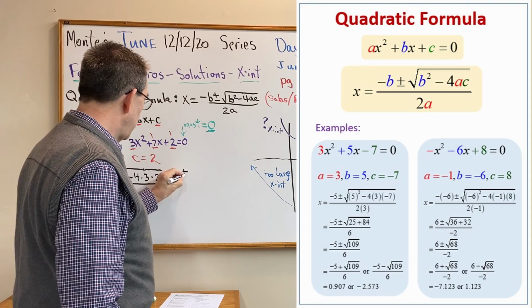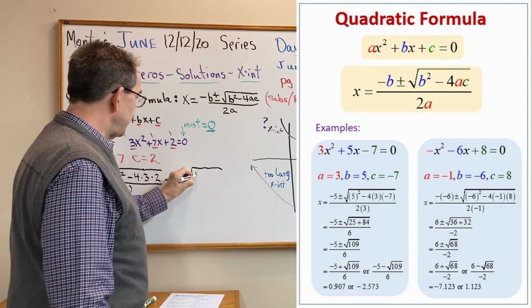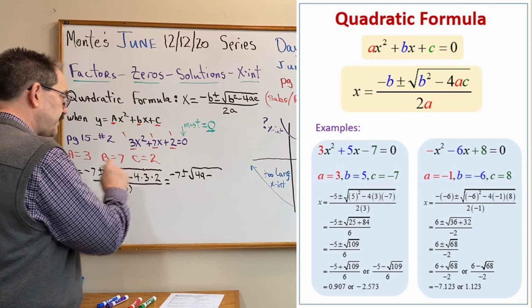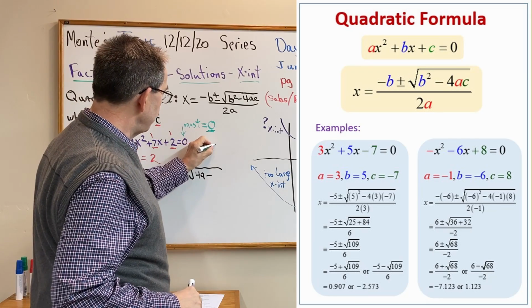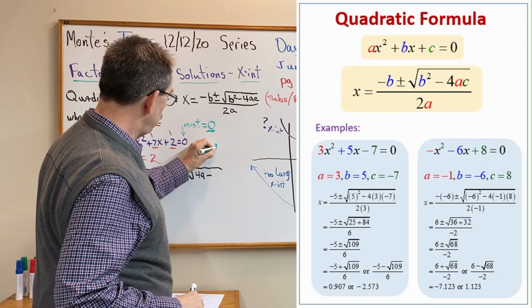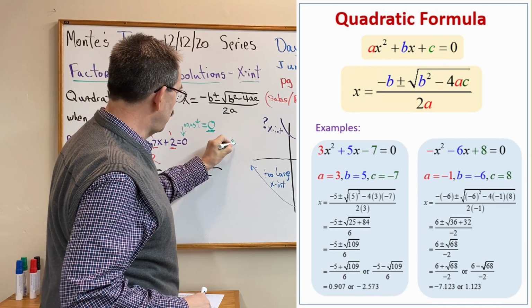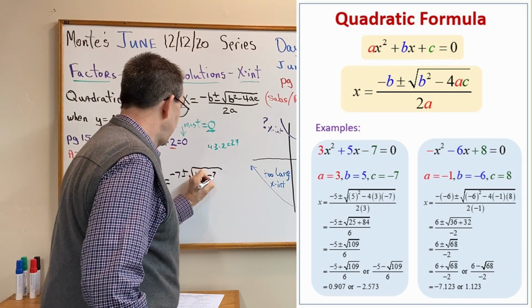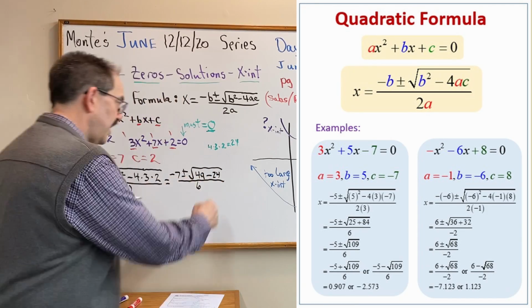-7 plus or minus 7 times 7 is 49. 4 times 2 times 3. 4 times 2 is 12. 12 times 3 is 36. Hmm, 4 times 2 times 3 is 24. All divided by 6. The whole thing.